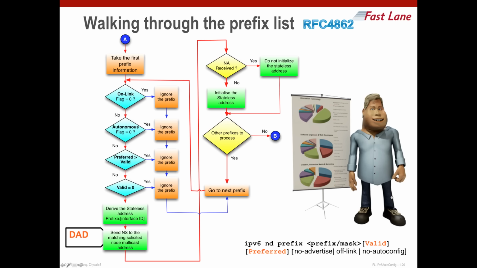Otherwise, it means that the address is already used by somebody else. And in this case, we are not going to use this address, but the interface will not be disabled for IPv6, as it is the case for a link-local address. So we loop until we have no more prefixes to check in the list.